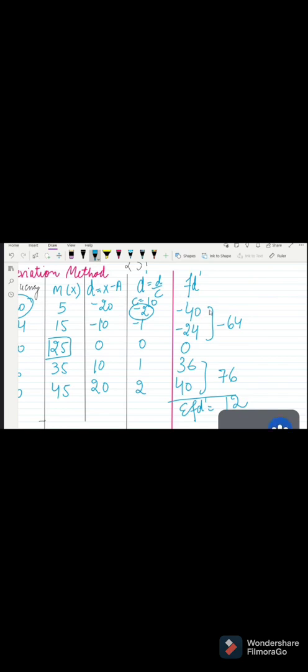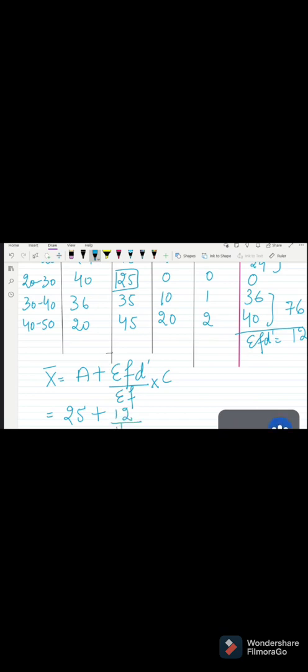Now how to calculate mean? Assumed mean plus summation of FD dash divided by summation of frequency into common factor. I am assuming here 25. Total of sigma FD dash, that is 12.